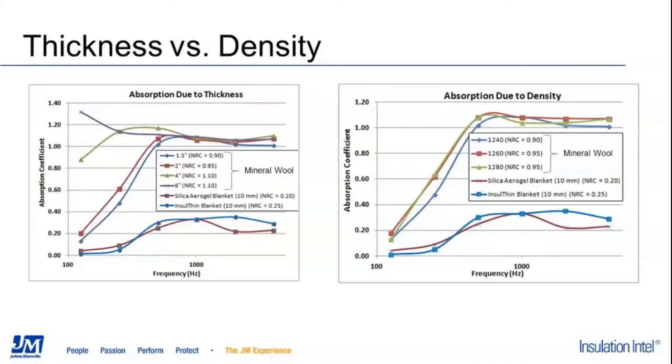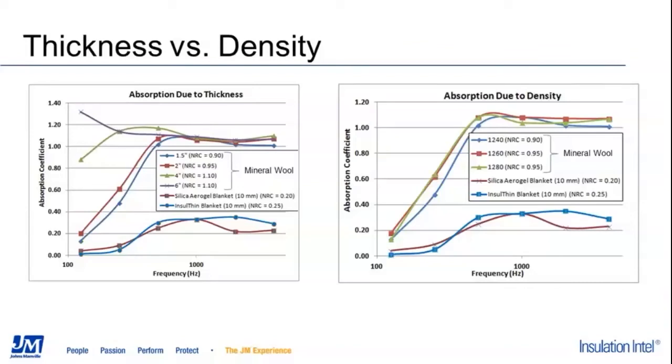Two other elements to look at when you're trying to design your acoustic system is looking at the thickness versus the density of the material. Both can and will affect the performance of the material in reducing the noise level. If you look at the chart on the left, this shows some absorption coefficient data for material at different thicknesses with a common density.